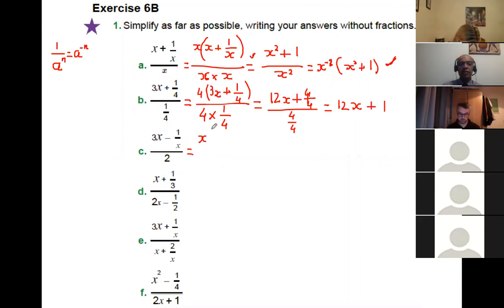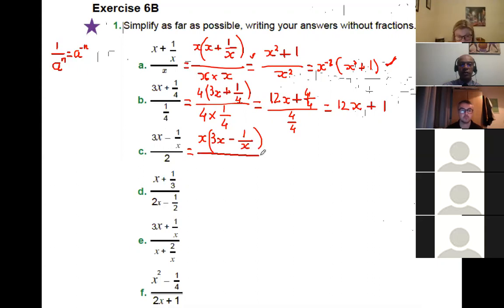But x times 3x, that's not 4x as far as I know. I used 2 for some reason, I must have started off with the wrong number. And then at the bottom, I've got x times 2, which is just 2x.